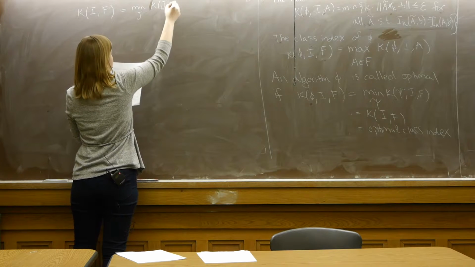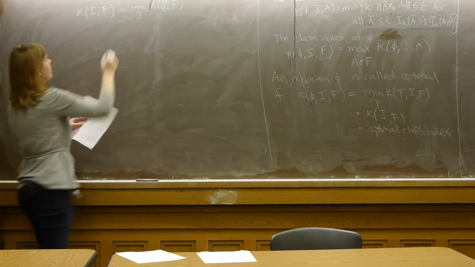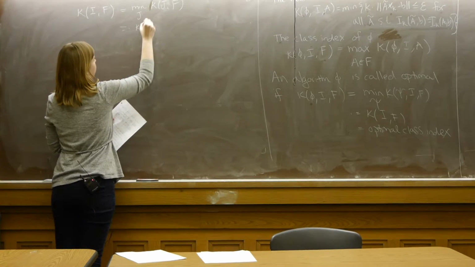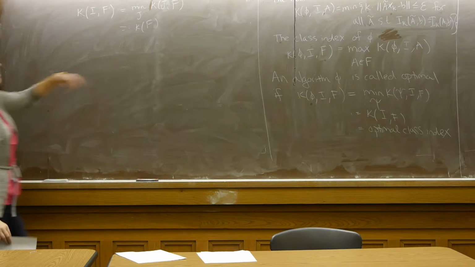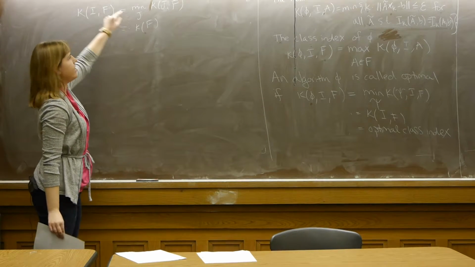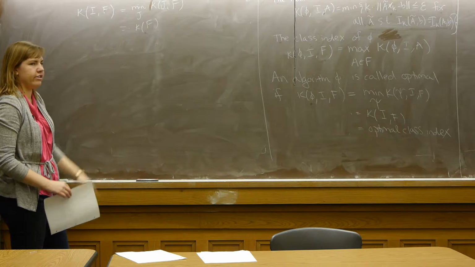So we'll call it J. And this we denote as K(F). So K(F) here is both minimizing over information and algorithm. So we're going two layers deep here.